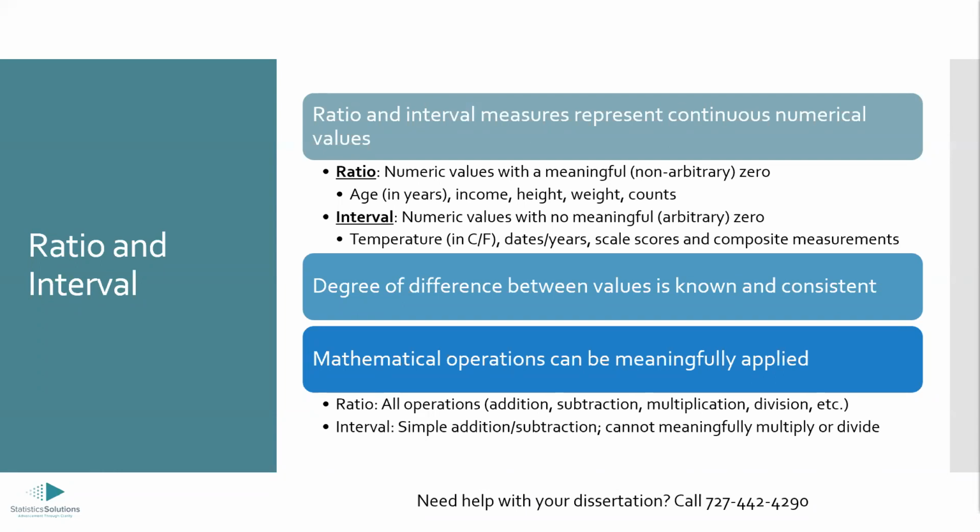But the most important thing to consider with both ratio and interval data is that the degree of difference between values is known and consistent. So if you have numerical values, just on a number line, counting up from 1, 2, 3, 4, etc., we know the degree of difference between those values, and we know that that difference is consistent across all of the values in the data.